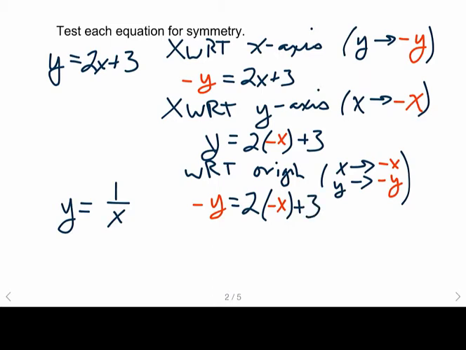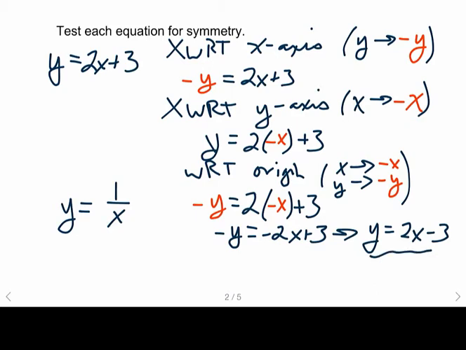If I simplify that, I get -y = -2x + 3. Maybe I can try solving for y by multiplying both sides by -1. And I end up with y = 2x - 3, which, though close, is not the same as what we started with. And so the answer is no to that one.